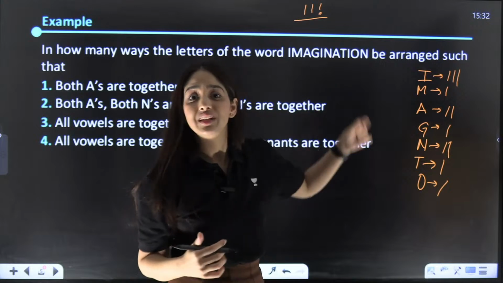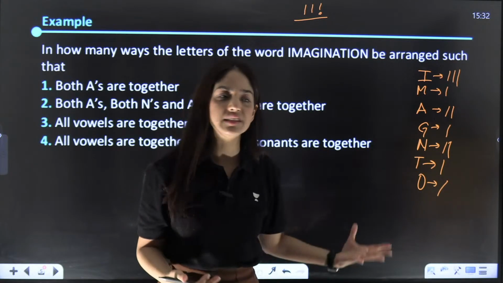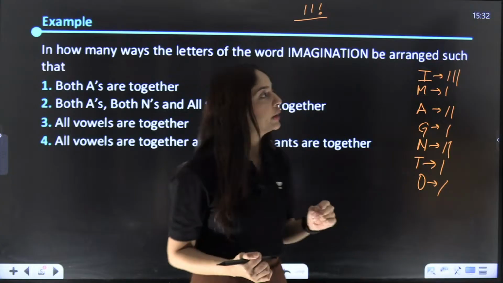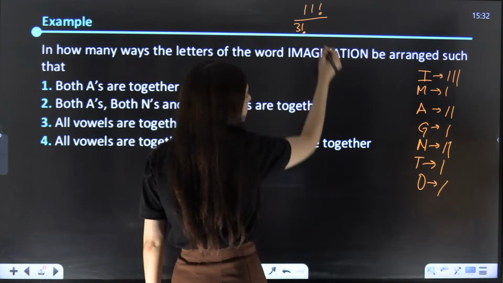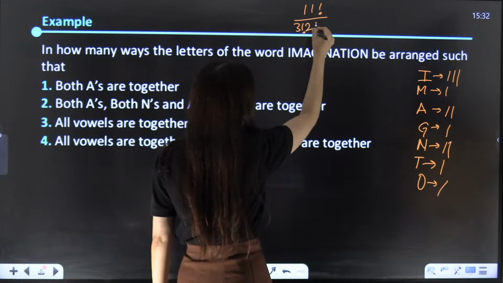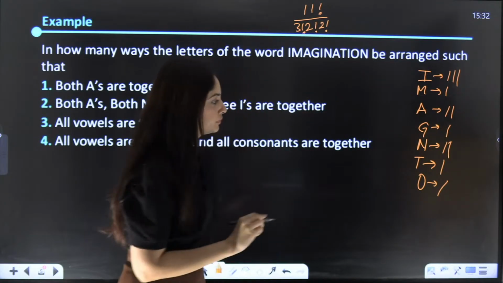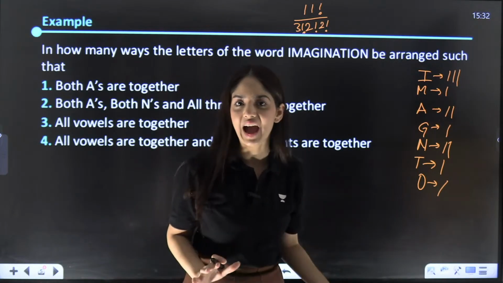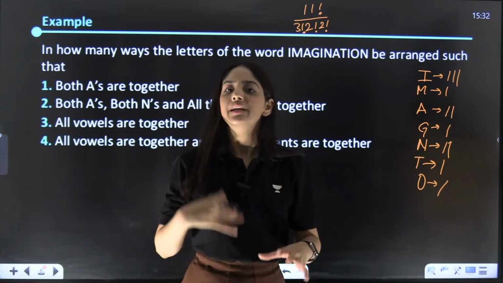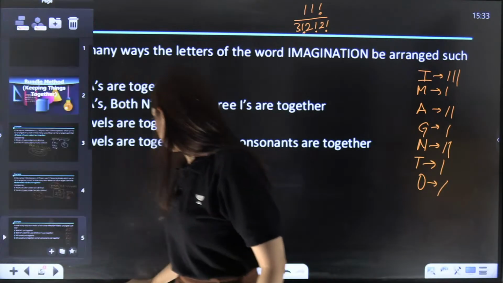I was just using tally marks to count the number of appearances of each letter. So 11 factorial divided by 3 for I, then 2 for A and 2 for N. These are the total number of arrangements that we can have for these letters. Now let's take a look at the special cases that need to be handled.